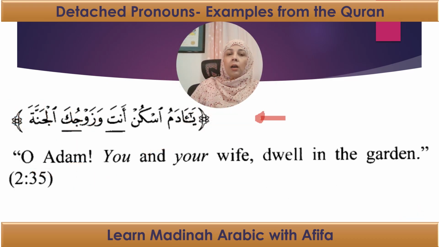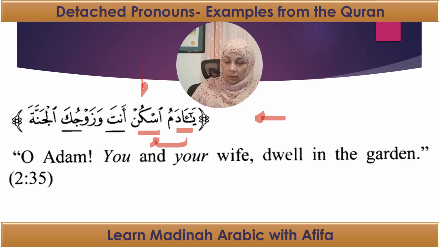Next verse. Once again, I'm not going to be joining the words since I'm explaining this to you word to word. Ya Adamu uskun. This is a verb, inshallah, to be studied later. It means dwell. Anta, you. Allah is talking to Adam alayhi salam, and that's why the masculine anta is used, right? Wa means and. Zawjuka. Zawj means spouse, and ka over here is an attached pronoun.